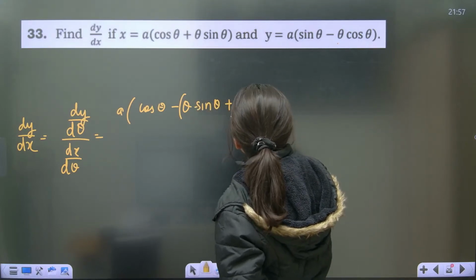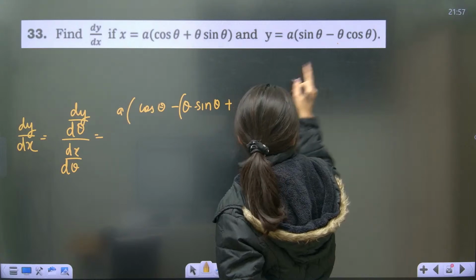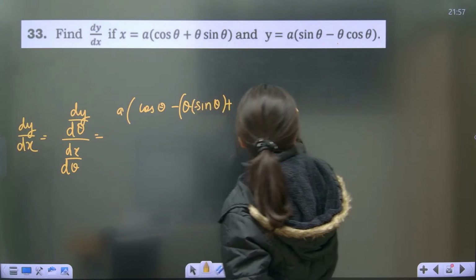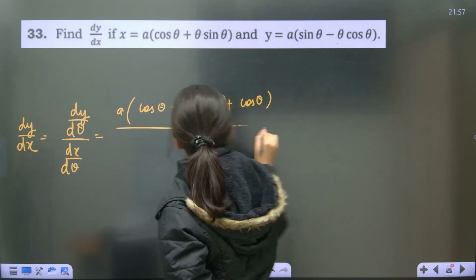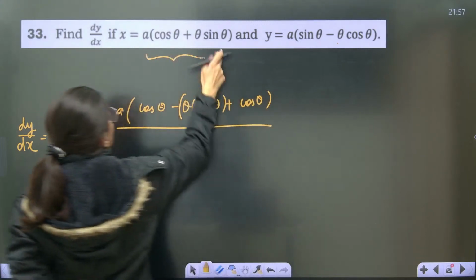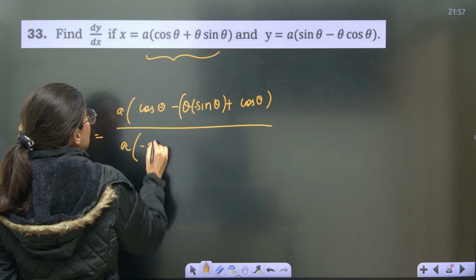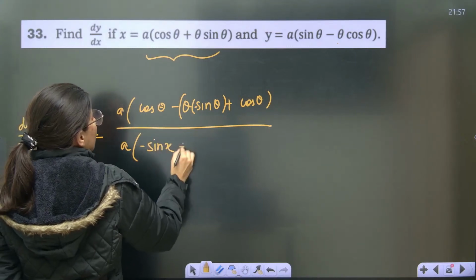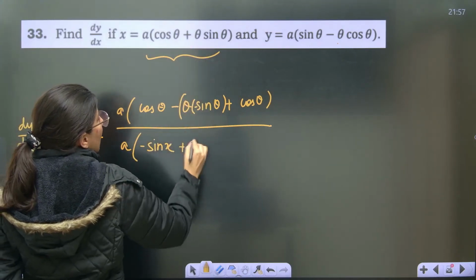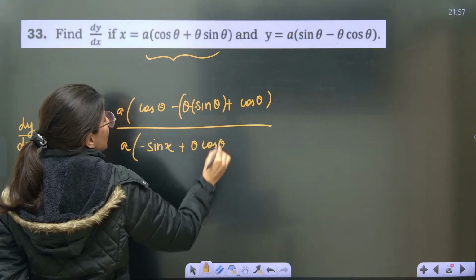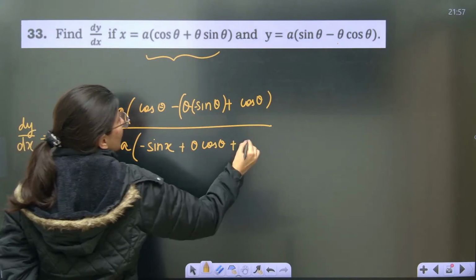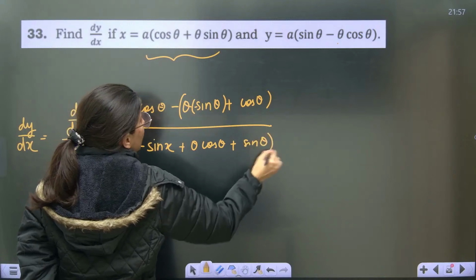cos theta as it is, derivative of theta is 1. Upon, what about this? Differentiation of this: A is right here, cos theta, so the derivative of cos is minus sin theta. Now plus, product rule: theta constant, derivative of sin is cos, plus sin theta constant, derivative of theta is 1.